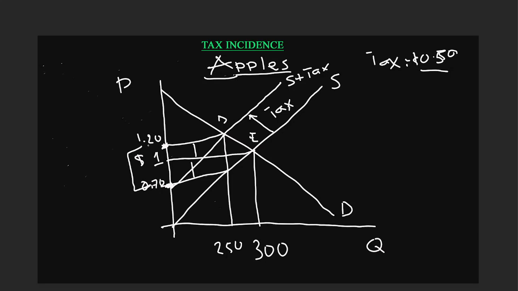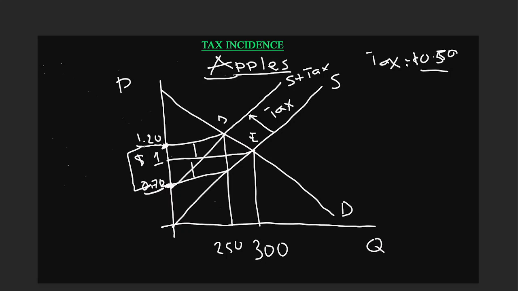So $1.20 minus 70 cents gives you 50 cents, which is the shift in the supply curve. Previously the equilibrium price was $1. A tax of 50 cents was imposed on this market. Now buyers are paying $1.20 and sellers are receiving 70 cents.